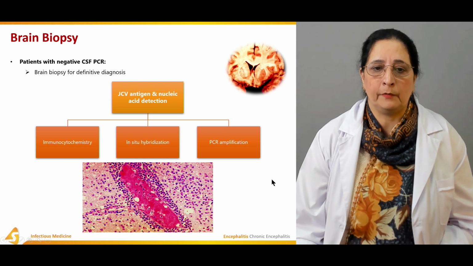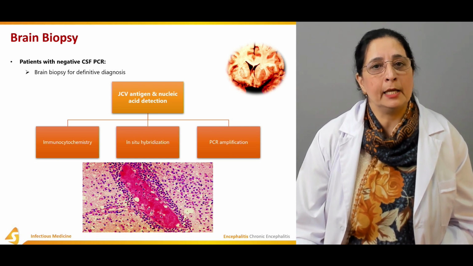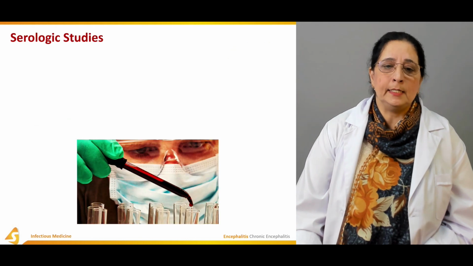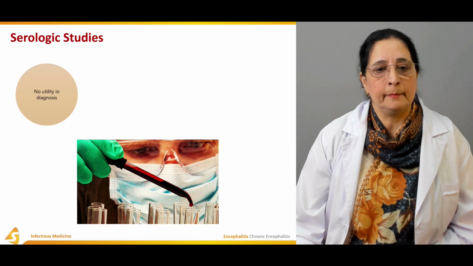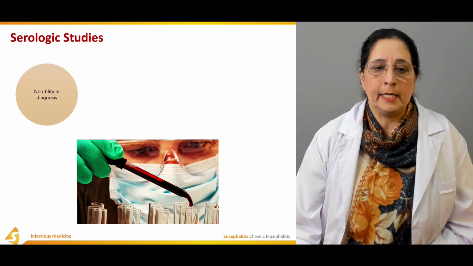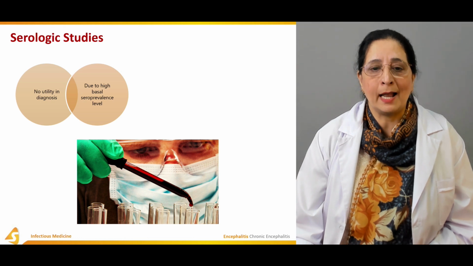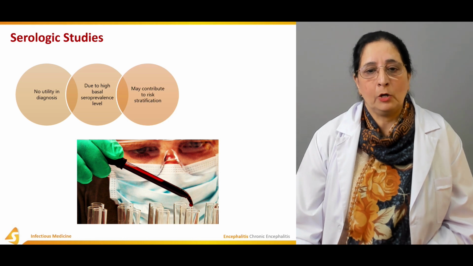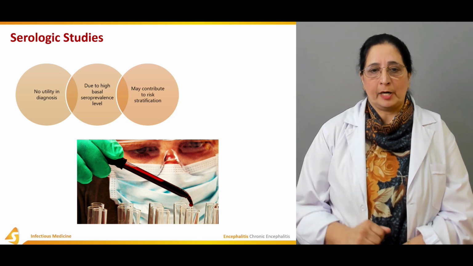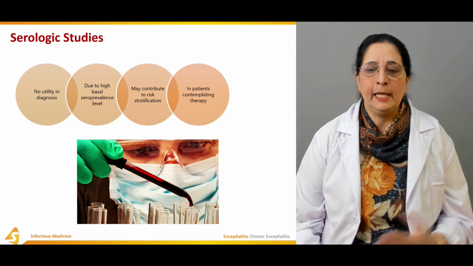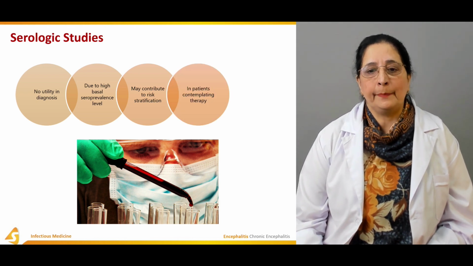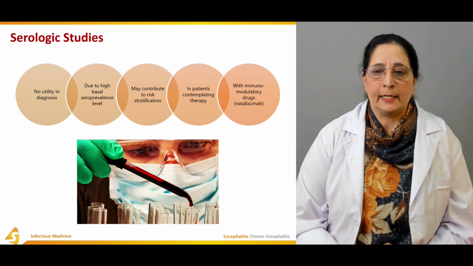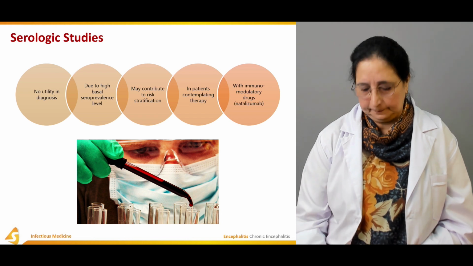Serological studies can be done on the serum, but they have no use in the diagnosis due to high basal seroprevalence level. They may contribute to risk stratification in patients contemplating therapy with immunomodulatory drugs like natalizumab.